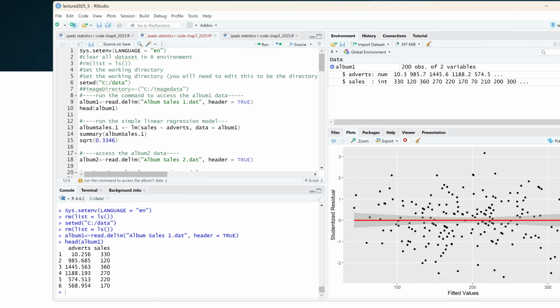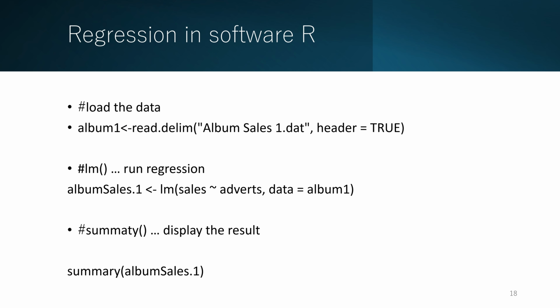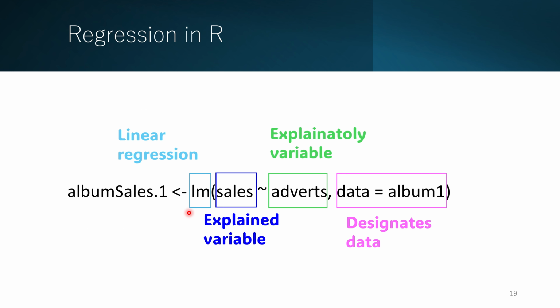So next, run the simple linear regression. In simple linear regression, we use the LM command. LM means linear regression, linear model. And the explained variable is here, and the explanatory variable is here.